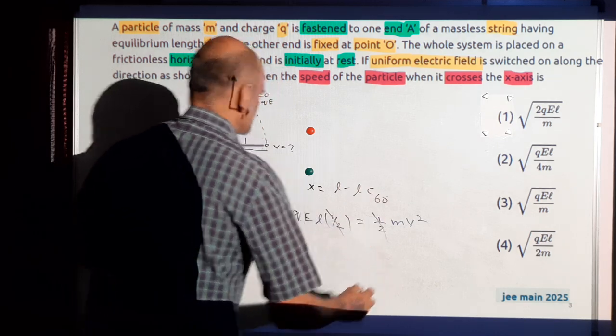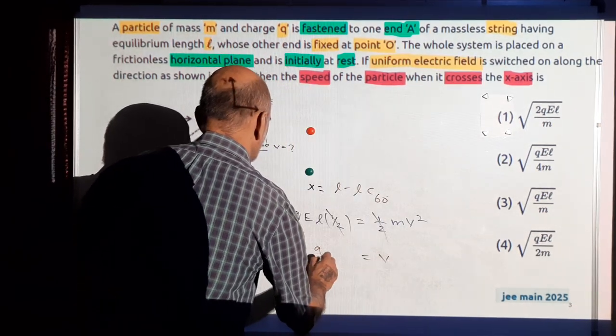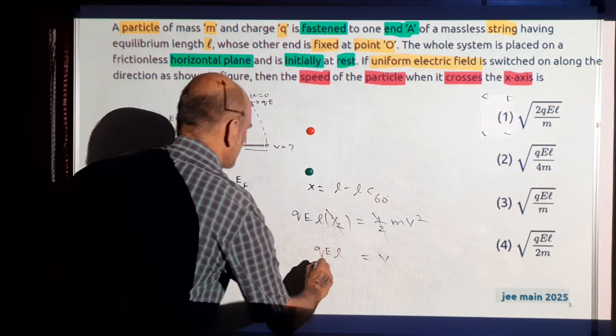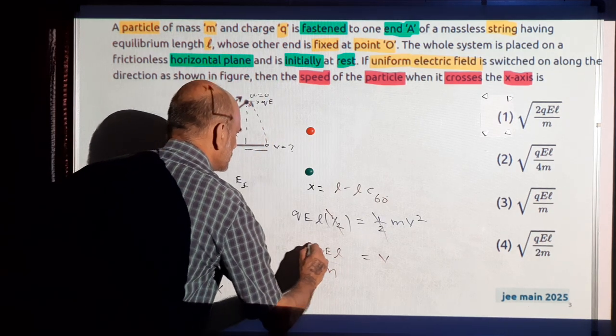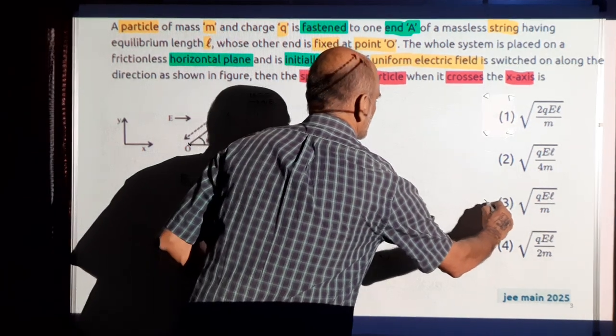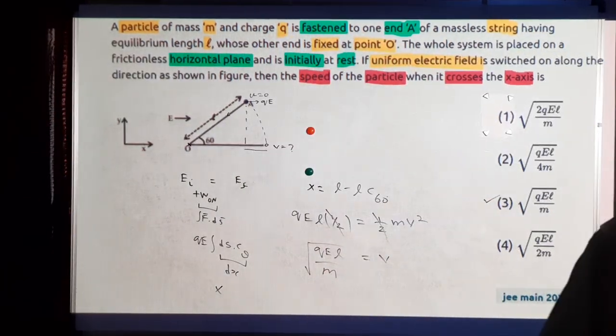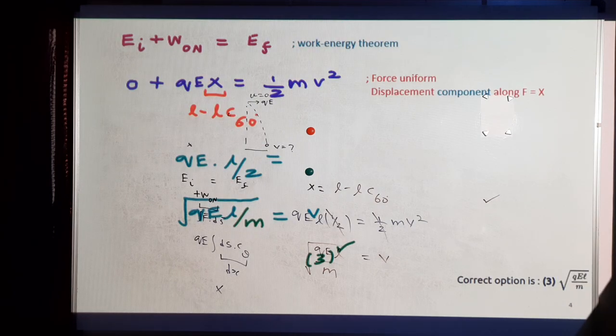So half and half cancel. So velocity is square root of qEL by m. Three is the correct option.